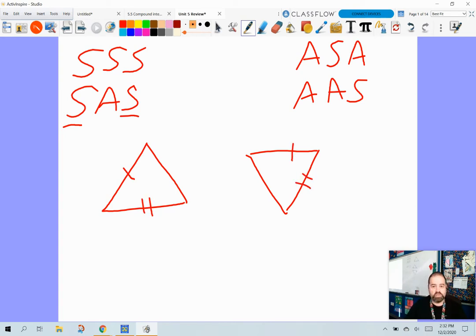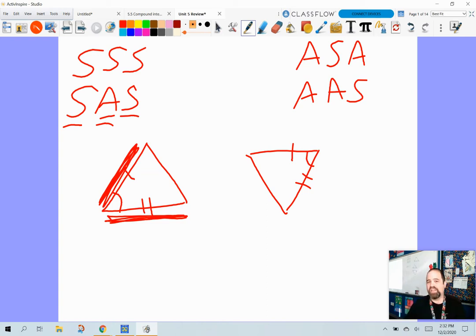They're marked differently, but the one mark is equal to the one mark, and the two marks is equal to the two marks. Now, what is important is the position of that angle. That angle that's marked in each picture needs to be the one that is physically between the two sides that are marked. So I've marked this side and this side. The angle that's going to be marked is the one in between those two sides. And then the same in the other picture.